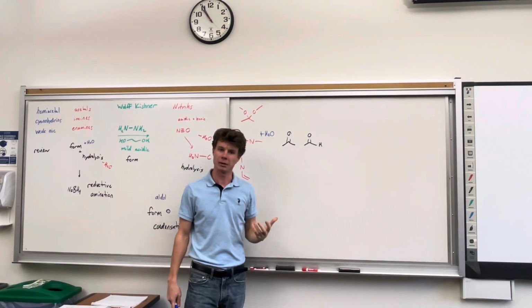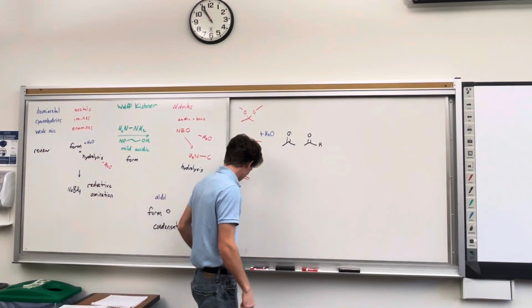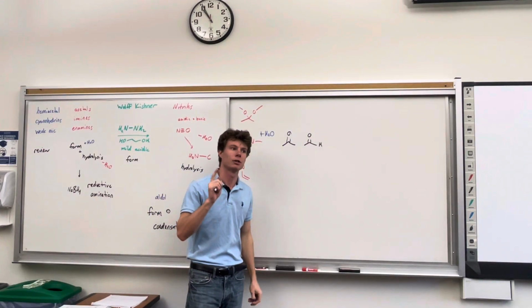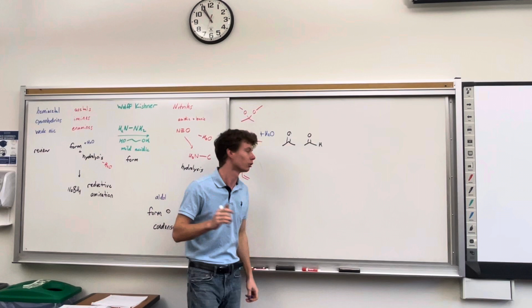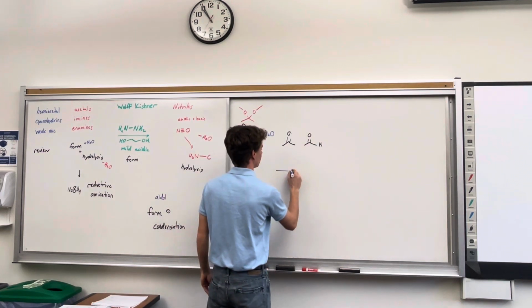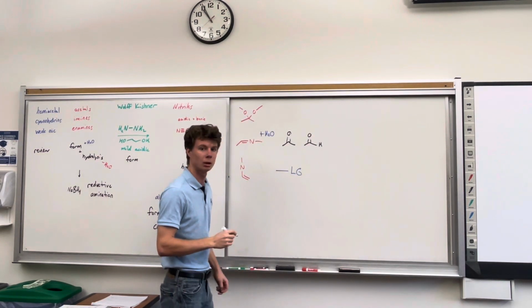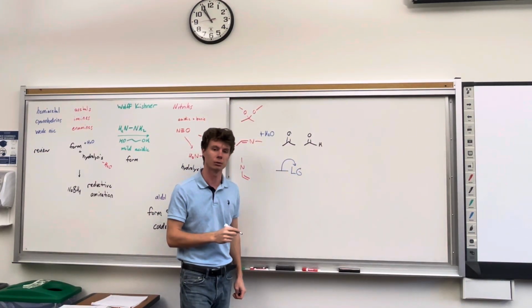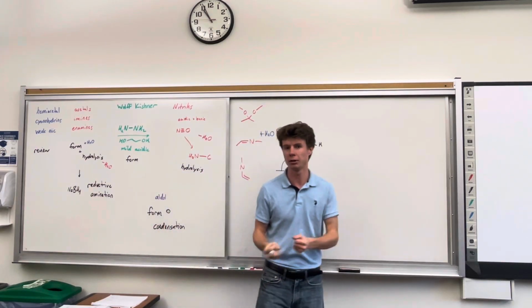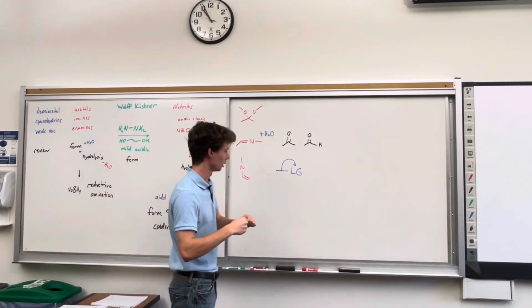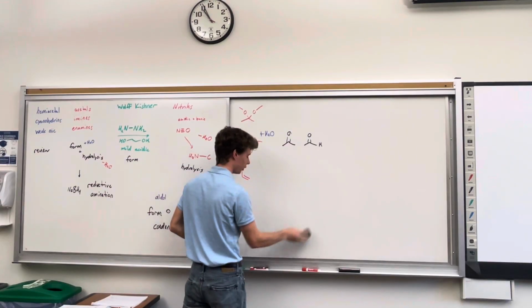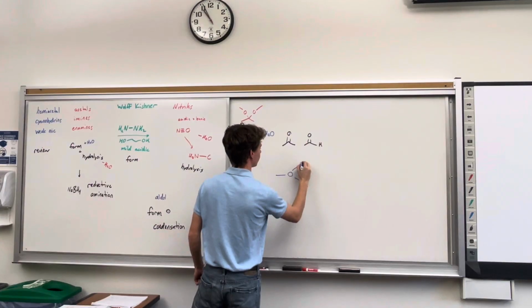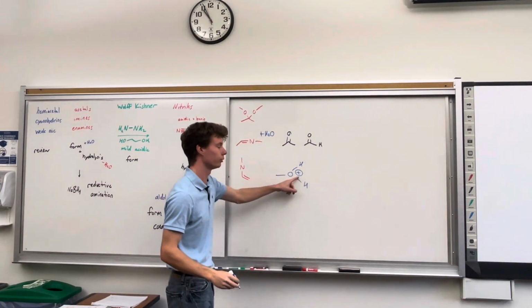What makes a good leaving group? It's how well can something handle negative charge? Because when we make something leave, our final step is going to be pushing electrons onto that leaving group. What handles negative charge really well, and I'll use the examples we've been doing this week, is something with positive charge.